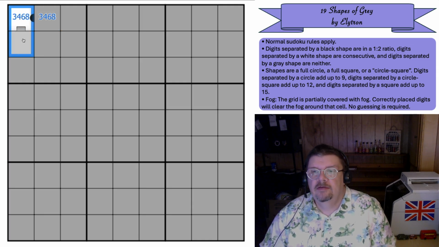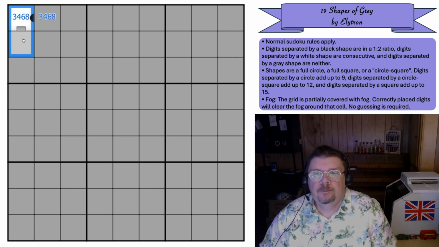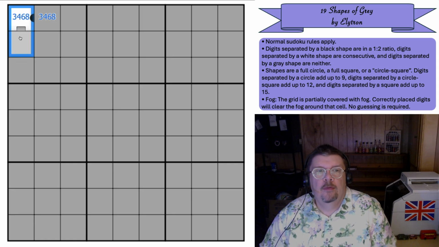These two cells sum to either 12 or 15 because it's either a circle square or it's a full square. But they also can't be in a 1 to 2 ratio or consecutive.